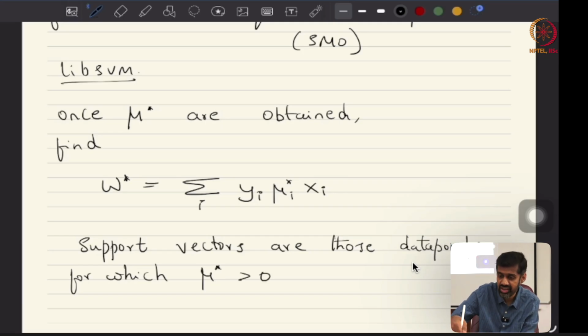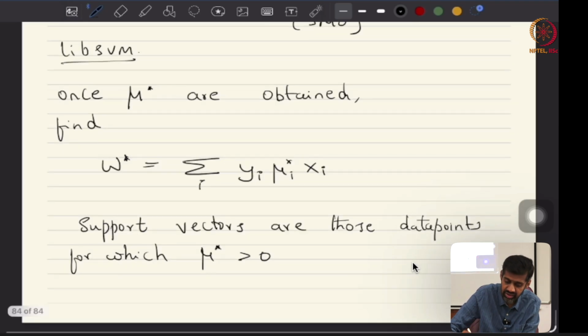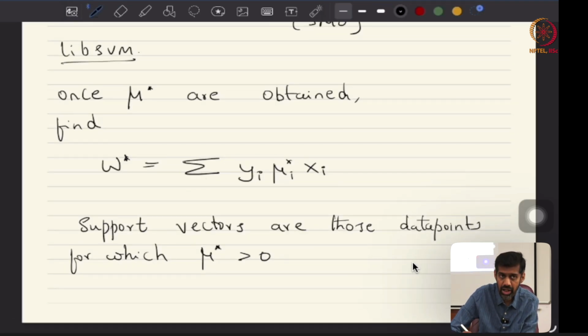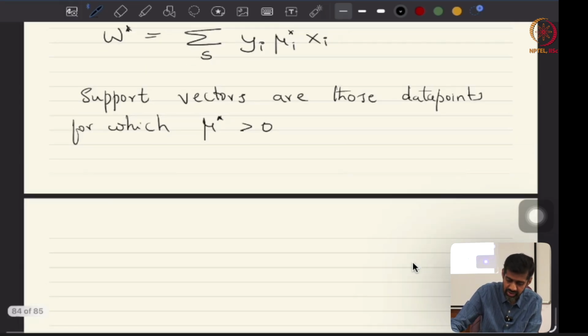We have defined it already, right? And the final parameter will be a sum over support vectors, because the other terms will anyway go to 0. Okay.